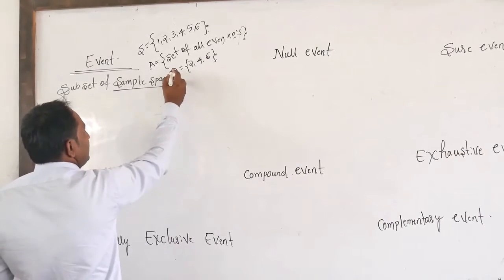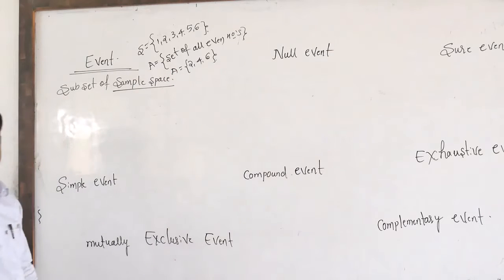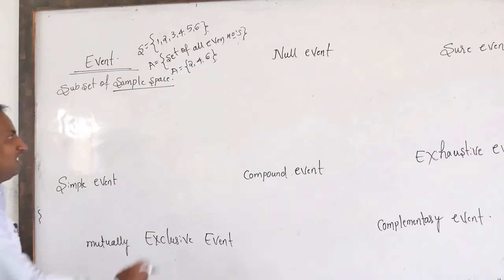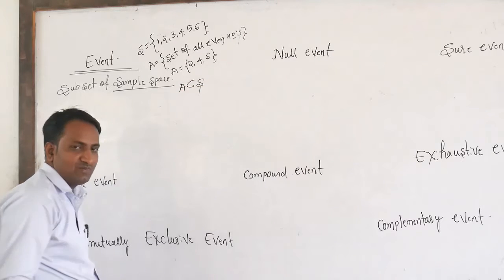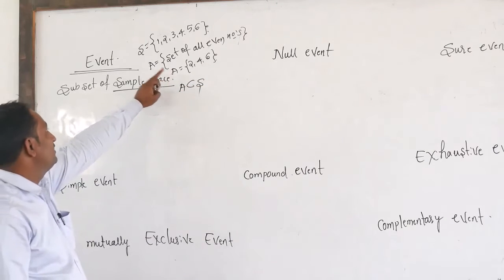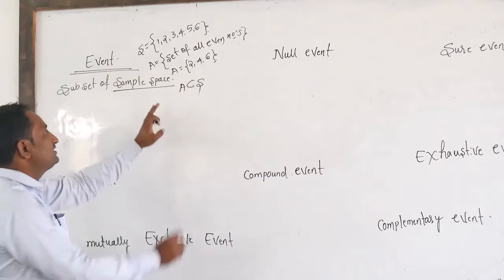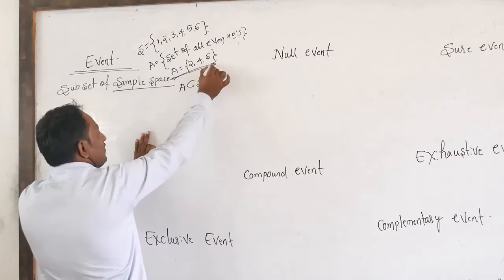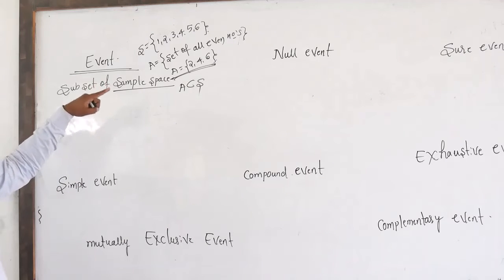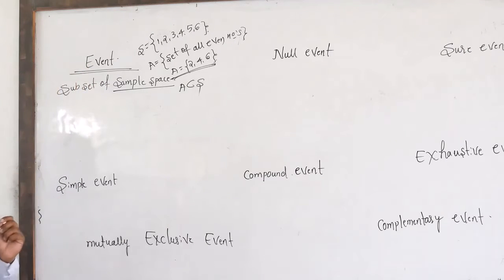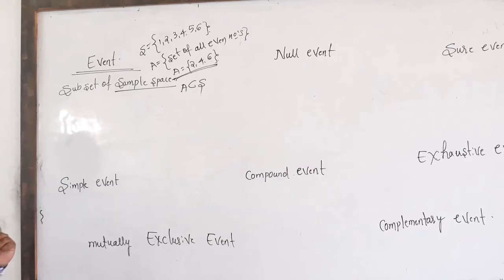Here A is a subset of S. That's why A is called an event. A is one event because A is a subset of the sample space.